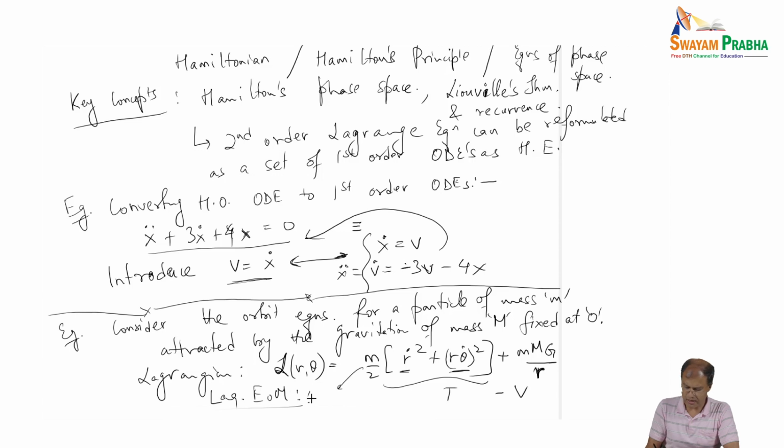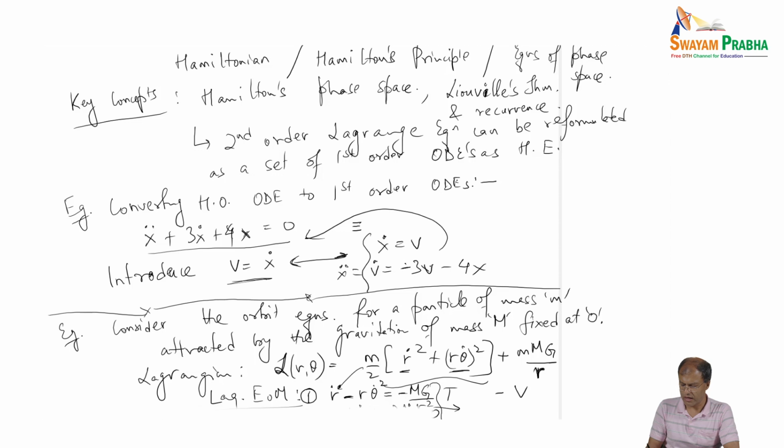The first one, with respect to r, is r double dot minus r theta dot square plus GM by r square equals 0. I am just not showing you the calculation; the final setup is shown here. And the second one is 2r dot theta dot plus r theta double dot equals 0, right?